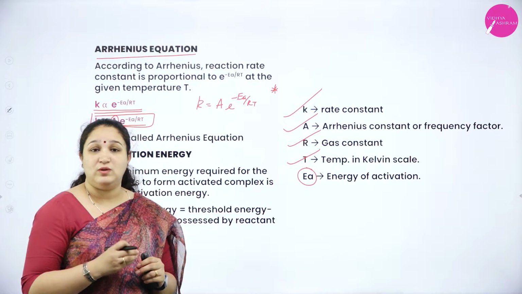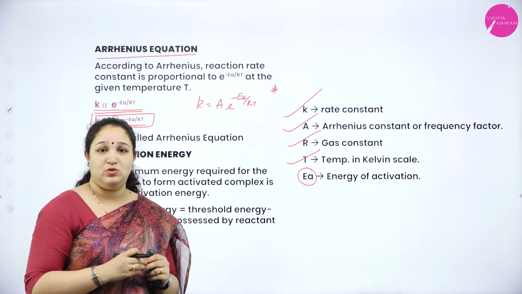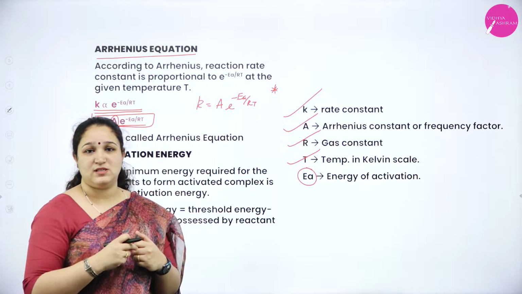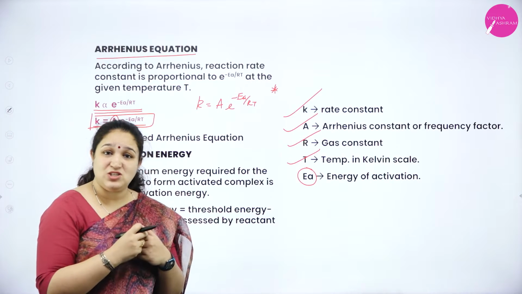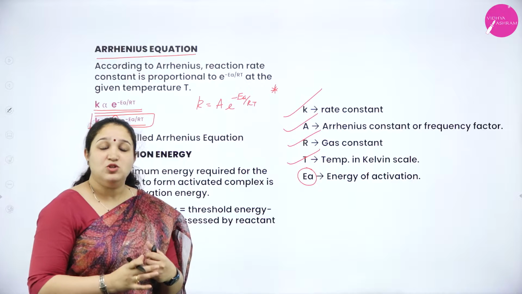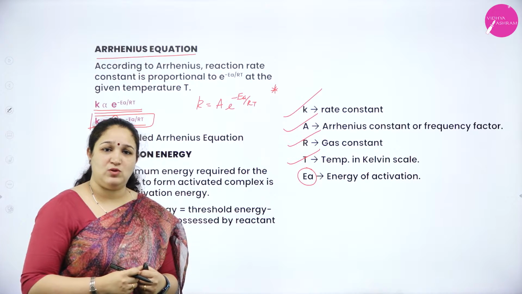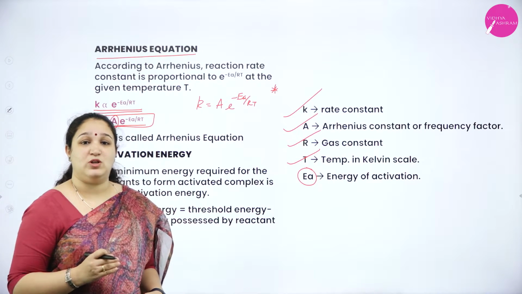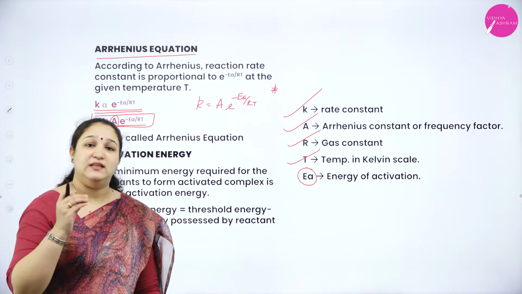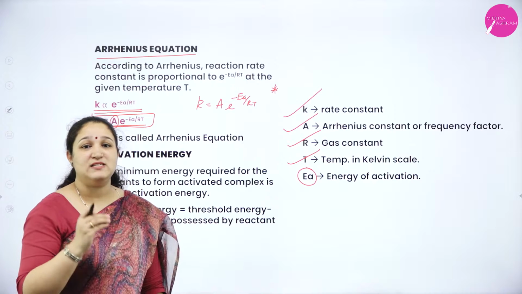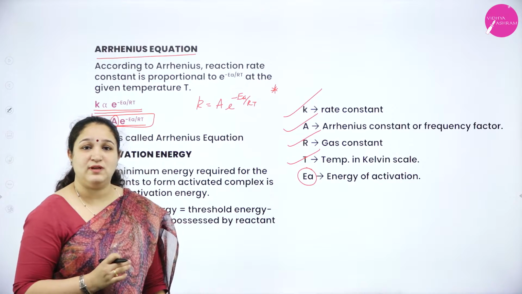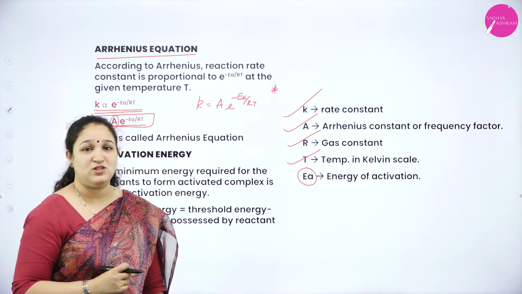That means only activated molecules, if they collide with one another, they will form products, and such collisions are called as effective collisions. So what are these activated molecules? Activated molecules are those reactants which has the energy called as threshold energy. So what is threshold energy and what is activation energy?